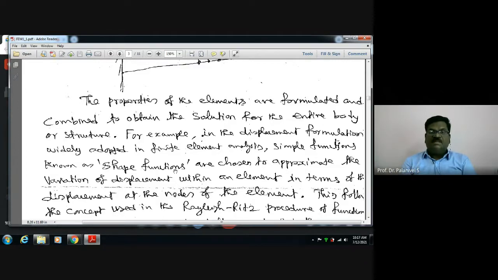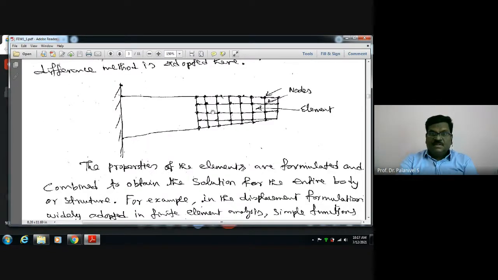Shape functions are chosen to approximate the variation of displacement within an element in terms of the displacements at the nodes of the element. It means the variation of displacement within this element will be chosen in terms of the displacement at the nodes.